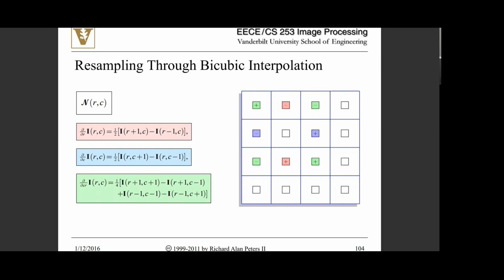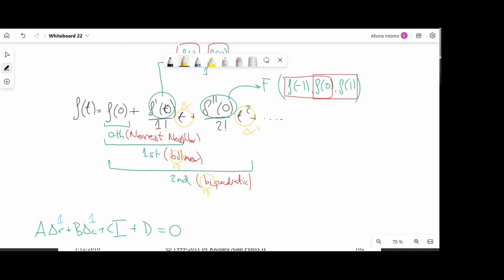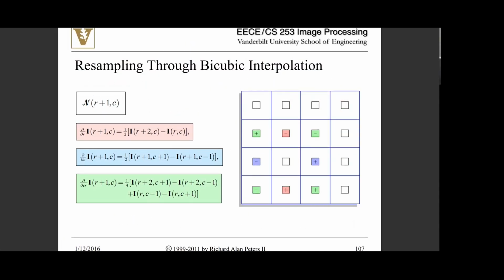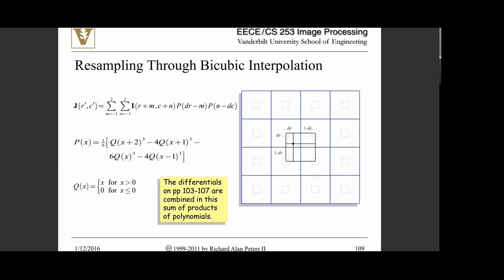So the idea is that if I don't restrict myself to just one point, so one point in the 4 neighbors, but I take a wider neighborhood, I can estimate how the derivatives are changing. And then you can construct a Taylor expansion around that point. And you will have a more accurate representation. And yeah, we will not see the calculation details here of the cubic. But you see that now the polynomials.